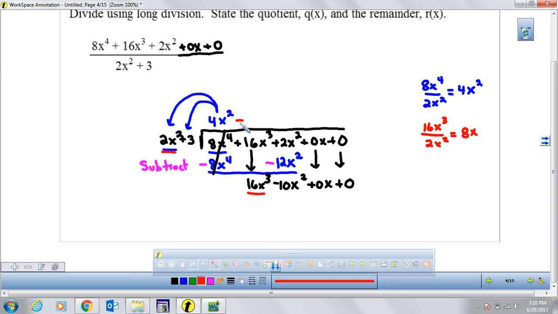That goes on the top, that is my quotient. Then we multiply. 8x times 2x squared is going to be 16x cubed, which goes under the x cubed. 8x times 3 is going to be 24x, so you put it under the 0x.